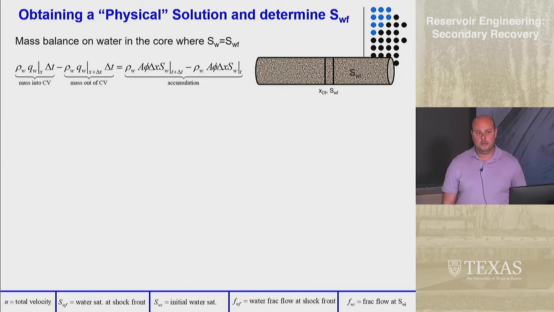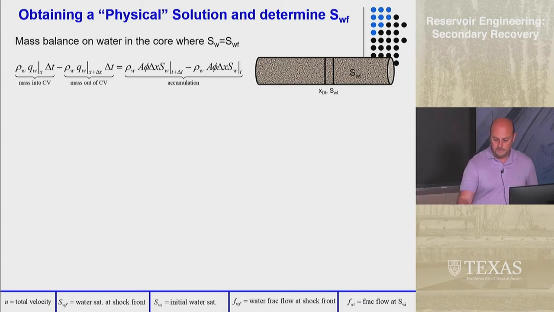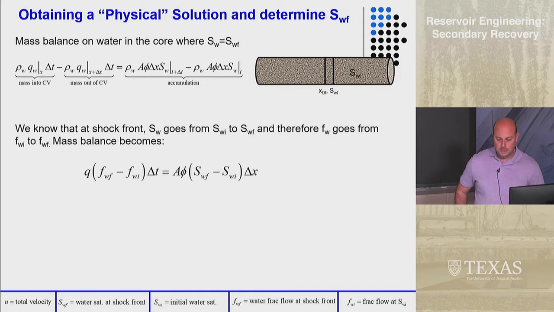At t, it could be equal to SWI, the initial water saturation, but at a slightly longer time, all of a sudden it changes to SWF. If I cancel my densities there, and recall that QW, the water rate, is equal to total rate times the fractional flow of water, my mass balance reduces to this: FWF, the fractional flow of water at the front, minus the initial water saturation, SWF, the water saturation at the front, minus SWI.